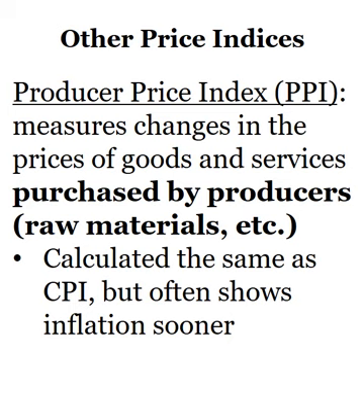So the things in the market basket for producers are going to be different, but producers have a market basket too. And that's why there's no separate equation for the PPI. You can use the same price index equation and you would just use the cost of that producer market basket divided by the cost of the producer market basket in the base year. So that absolutely functions the same way.